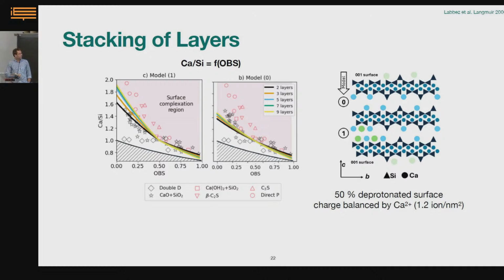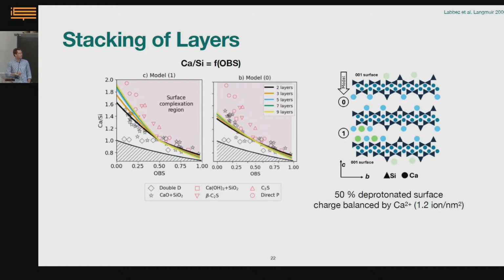Then the other interlayer model, which is here, assumes additional incorporation of calcium in the interlayer, and we only add one calcium per each Q1 dimer. So as the mean chain length decreases, or the OBS increases, you have more and more of those Q1s, and for each Q1 we add an additional calcium. So we get this line.